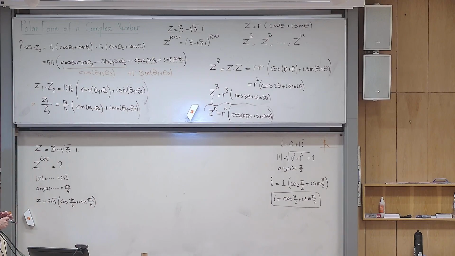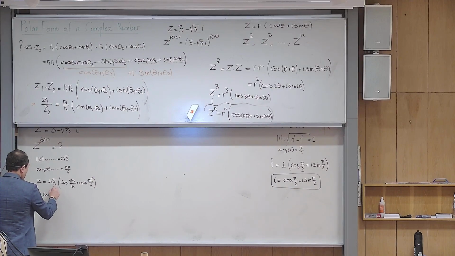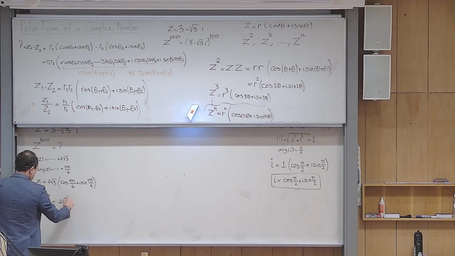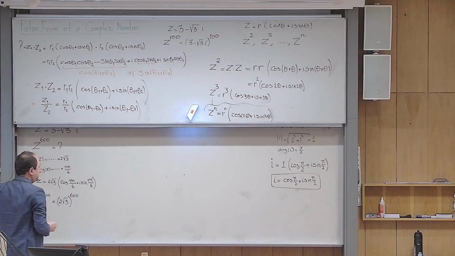So up to here, you have to solve that problem, this problem, and that problem in order to answer this question. And now it is time to raise this to the power 600. Is the formula in front of you? Yes, that is the formula at the very bottom.